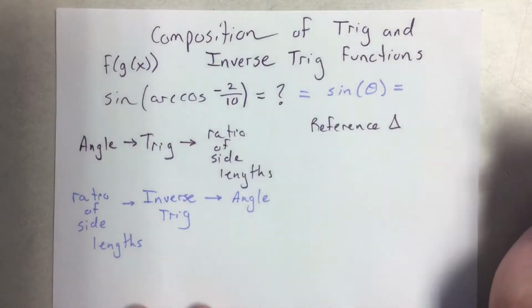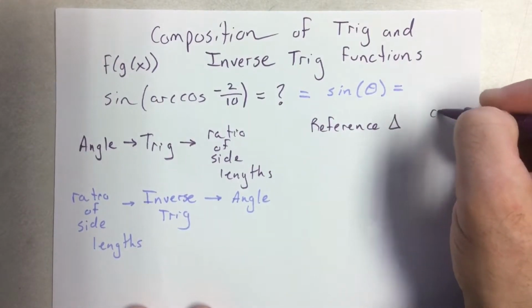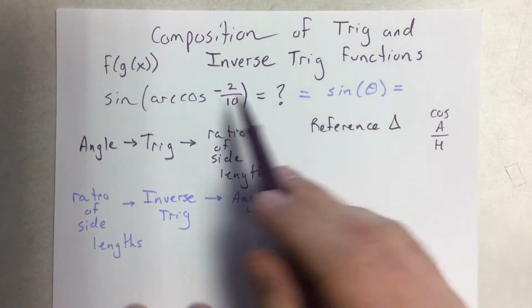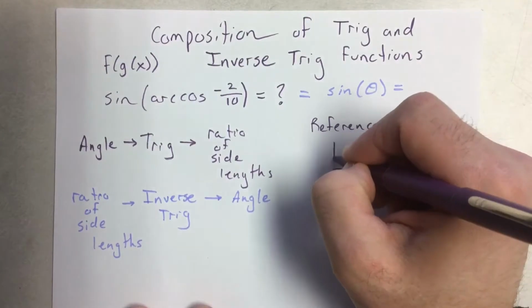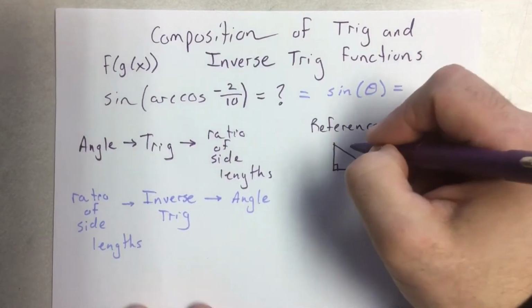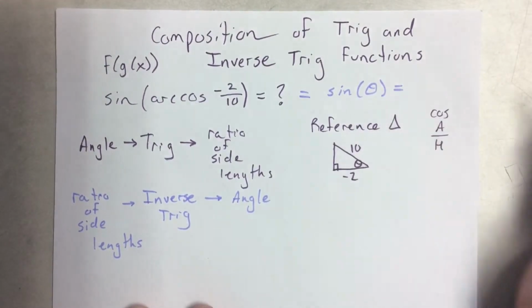Negative 2 over 10, so cosine is adjacent over hypotenuse. The hypotenuse can never be negative, so we're going left 2, and our hypotenuse is 10. Okay, there's our angle.